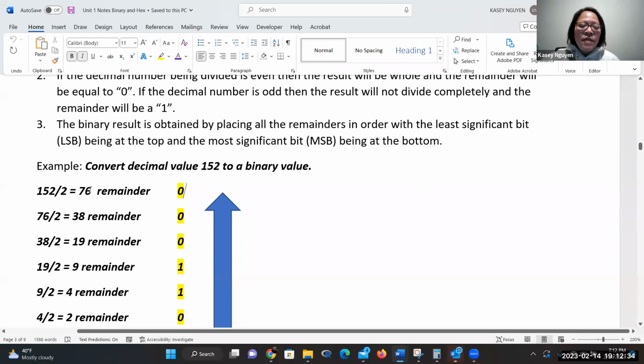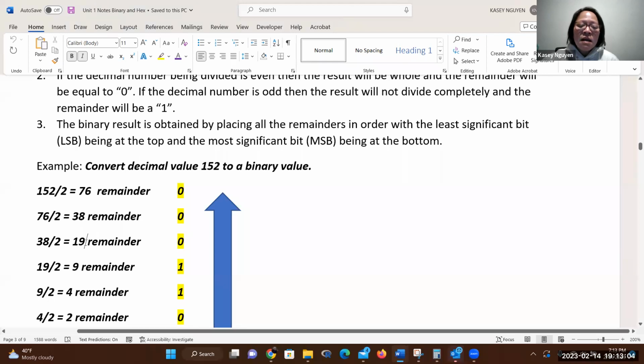Then I'm left with 76, the quotient. I take 76 divided by 2. Again, it is an even number, so I'm not going to have a remainder, and the result is 38. No remainder, I put a 0. 38 divided by 2 again, it is an even number, so I'm left with 19 as a result, 0 remainder.